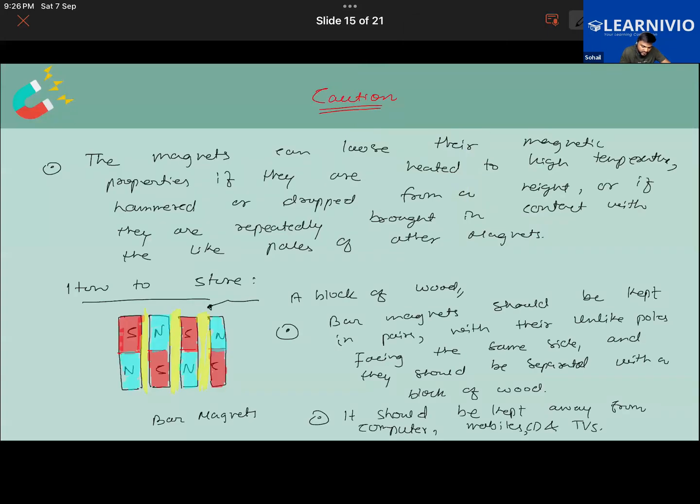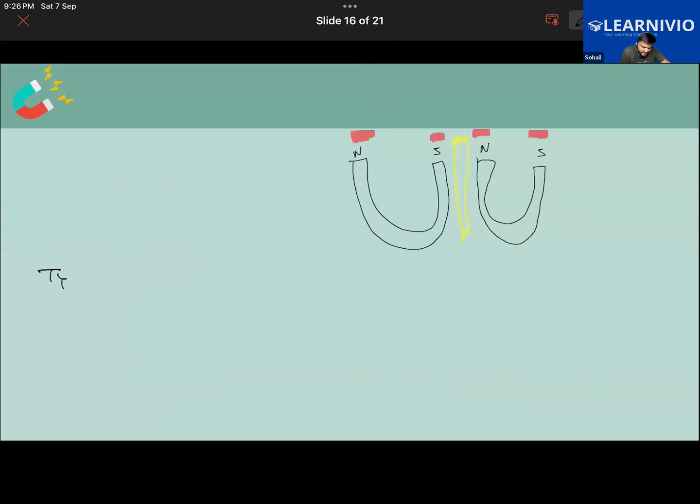One more thing to be noted down is that you can write down this thing also, types of magnet. In this you can write down, you have soft magnet, and another one is hard magnet. Hard magnet is also called a permanent magnet.